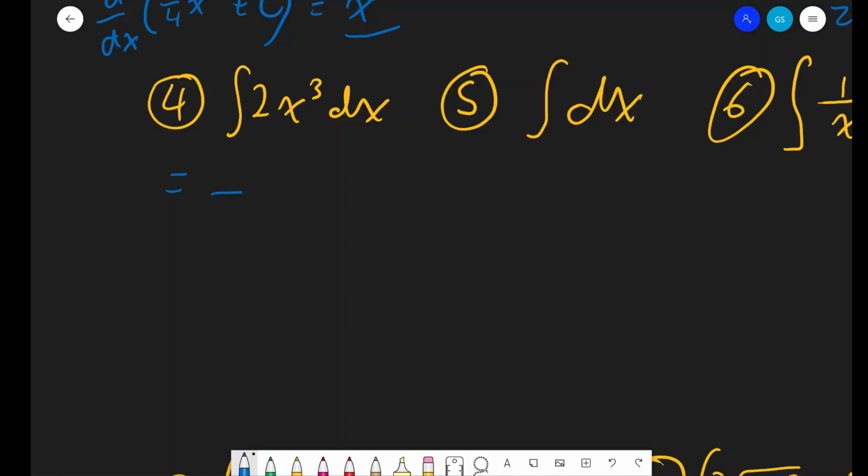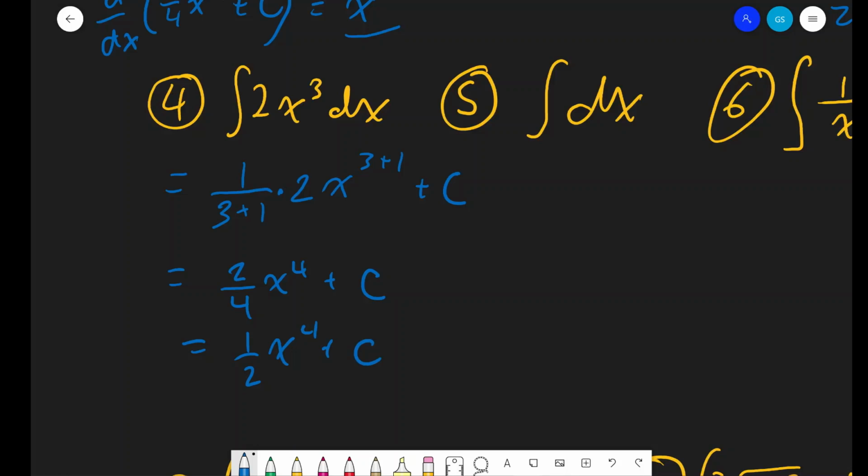So underneath here, it's going to be 1 over 3 plus 1 multiplied by this 2, x to the 3 plus 1, plus c. Simplifying this, you get 2 over 4 x to the 4 plus c, since 3 plus 1 is 4. And then 2 over 4 can be simplified to half x to the 4 plus c.